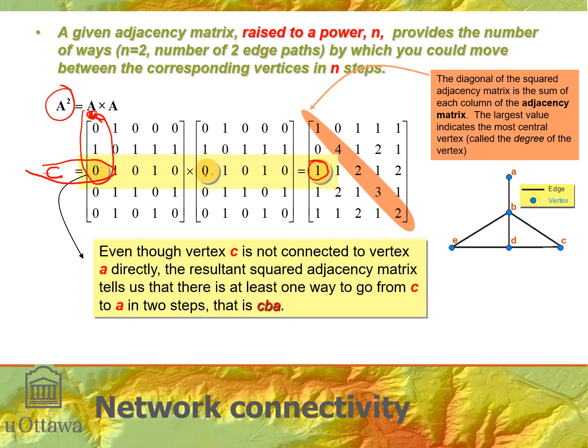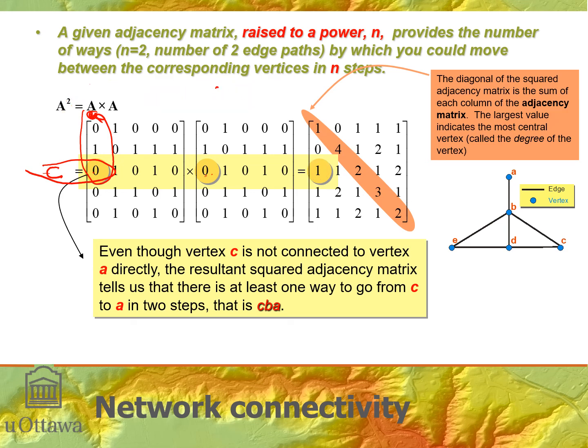Not 2 ways, I should say, but 2 edge paths that would need to be traversed to go between A and C. Because this is based on the squared matrix, to the power of 2. So the exponent is the number of steps to move between the corresponding vertices. So n is 2. There is one way to go between A and C in 2 steps. That's the way to think about it.